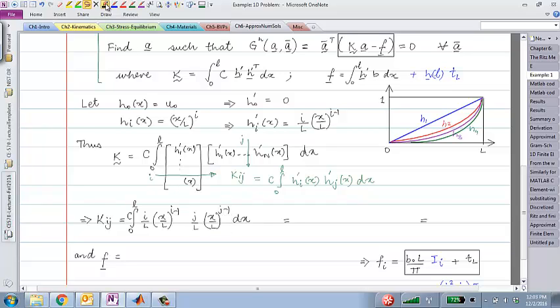And if I integrate that, I will get the constant ij, pulling that out of the integral. The integral of x to the power i minus 1 plus j minus 1 would be x to the power i plus j minus 1 between 0 and L, and divided by L to the power i plus j.